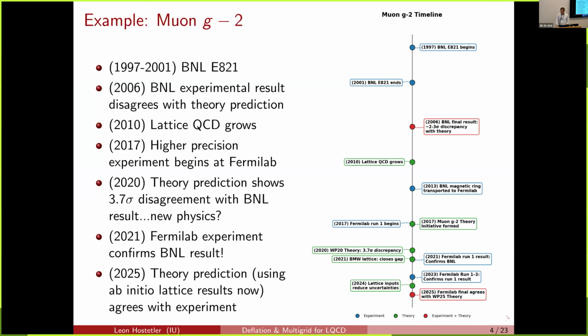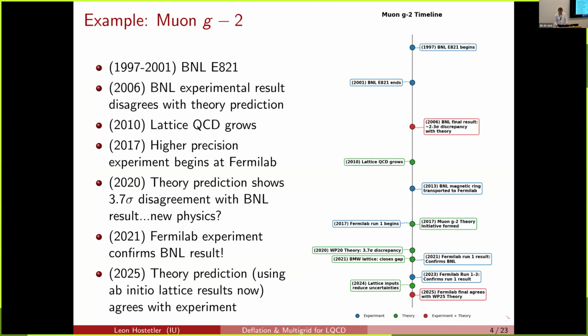So the theory calculation at this point was based on some combination of perturbation theory, Monte Carlo simulation, and some data-driven inputs from experiment. Lattice QCD didn't really play a role at that stage. The theoretical underpinnings were there, but the computational resources were not at that time.